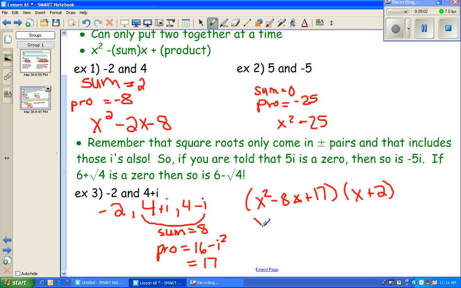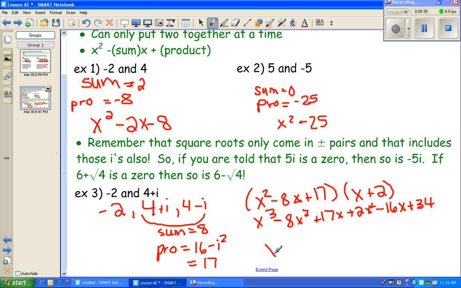And then I can FOIL this together to get the final polynomial. x cubed minus 8x squared plus 17x plus 2x squared minus 16x plus 34.